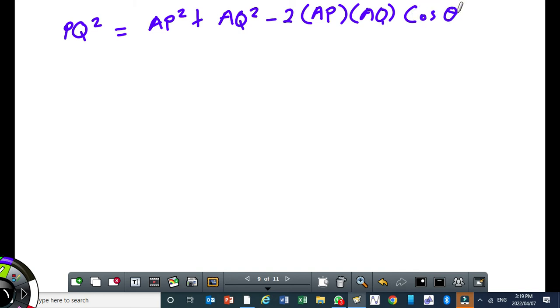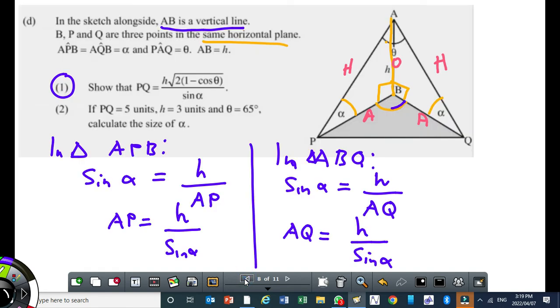That's my cosine rule. Then let's carry on. So PQ squared is going to be equal to, now my AP is equal to H over sine alpha.